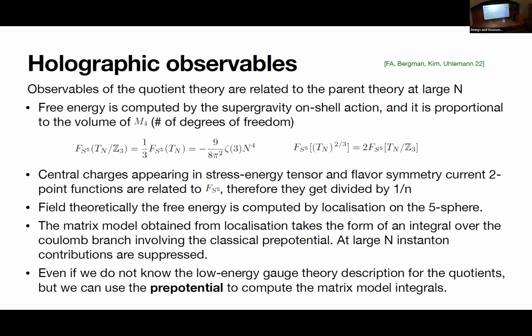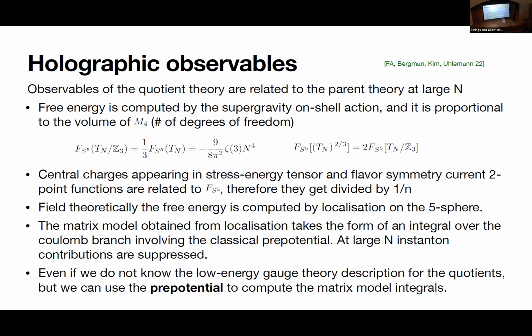And the free energy for the resulting theory is the 1/3 quotient: in this case we have Tn over Z3, and the resulting free energy is 1/3 of the free energy of the parent theory. For the 2/3 quotient, what you get is 2 times the free energy for Tn mod Z3.